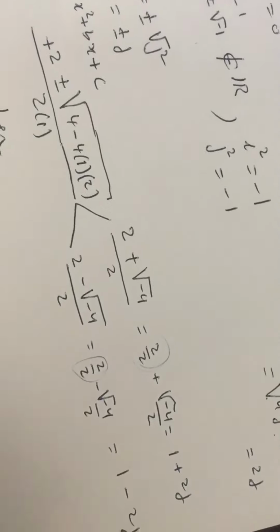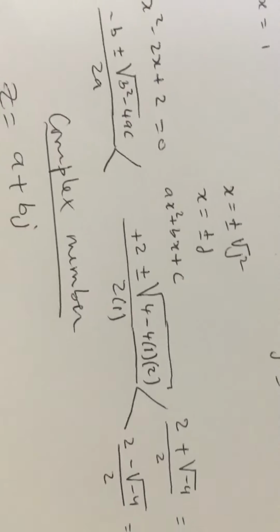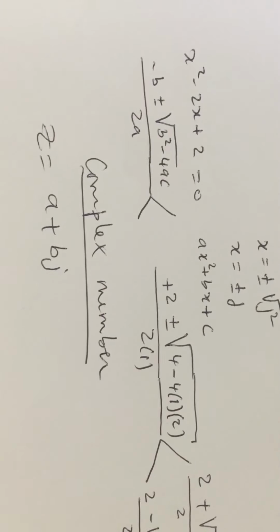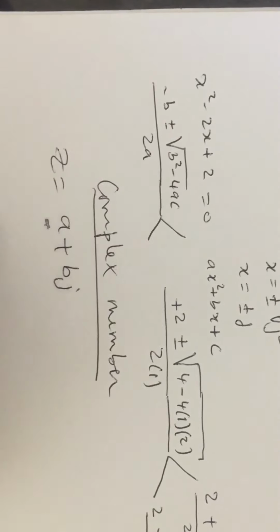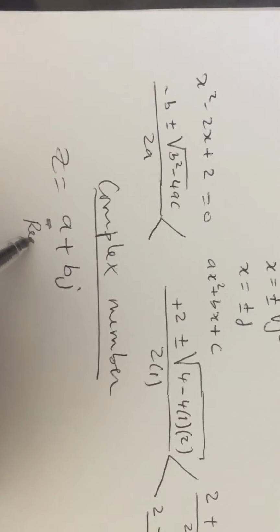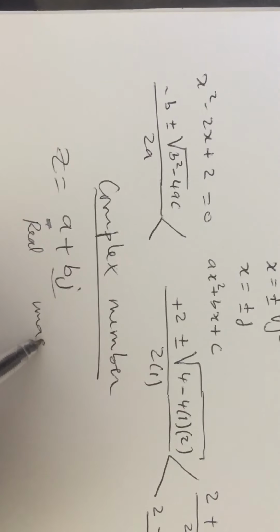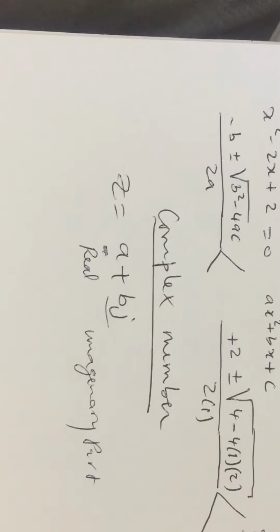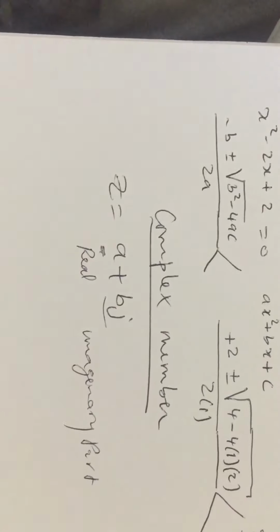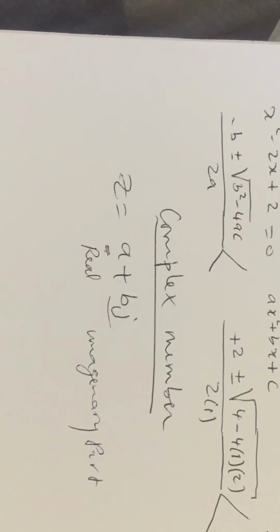So you can already say that this is a complex number. Now this is the real part, and this is the imaginary part. There are 2 parts, a real part and an imaginary part. The imaginary part is the one that has j.